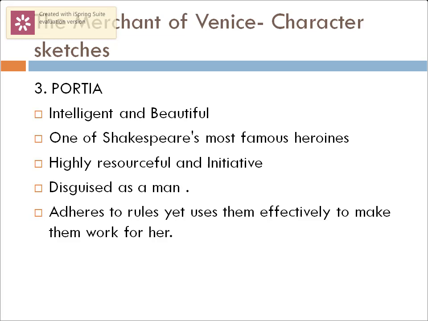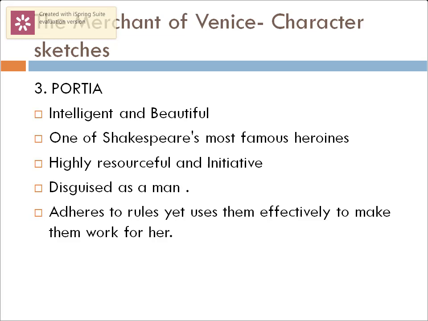Perhaps the most interesting and most elegant character in the play is Portia, Bassanio's wife. She is not only wealthy but very intelligent and also beautiful, and she's one of Shakespeare's most famous heroines. Even in the play, the most important lines come from the lips of Portia.